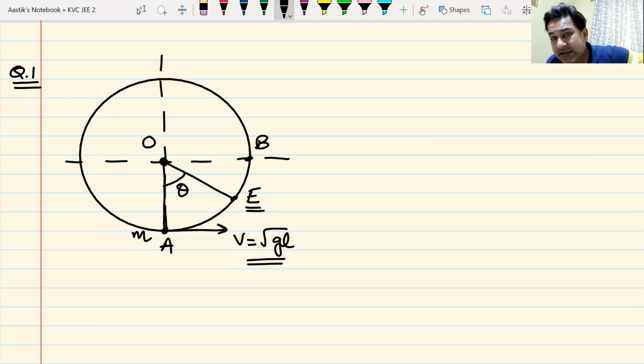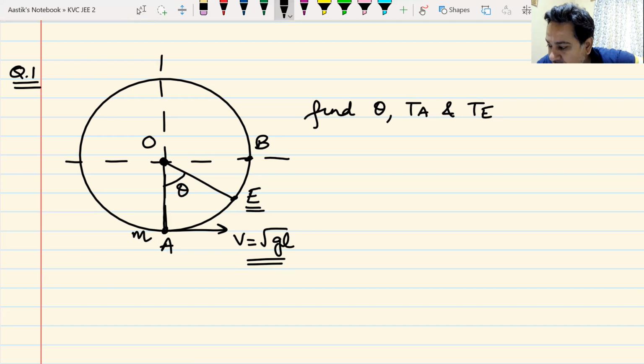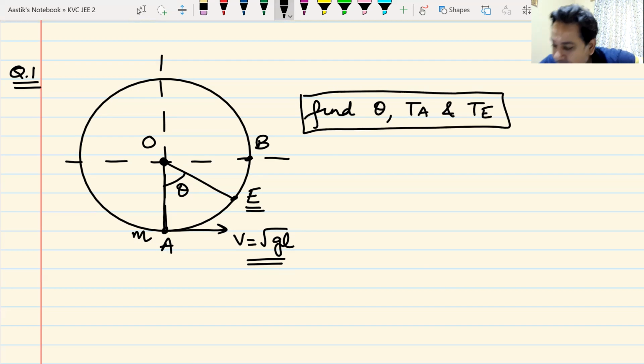We have to find out the unknowns: find angle theta, find tension at point A and tension at point E. This is the question.